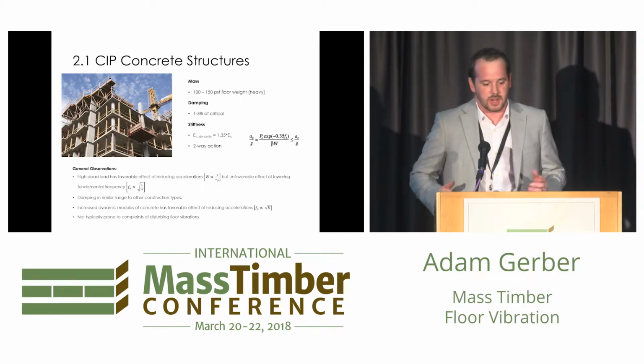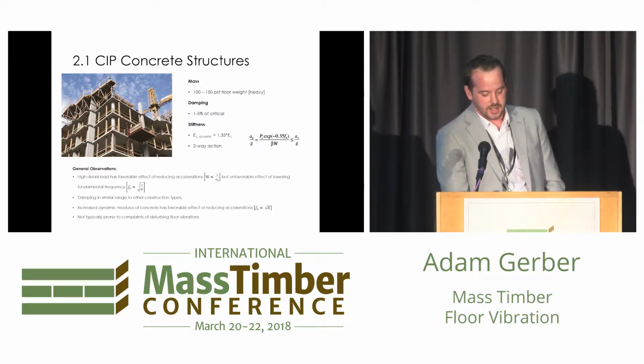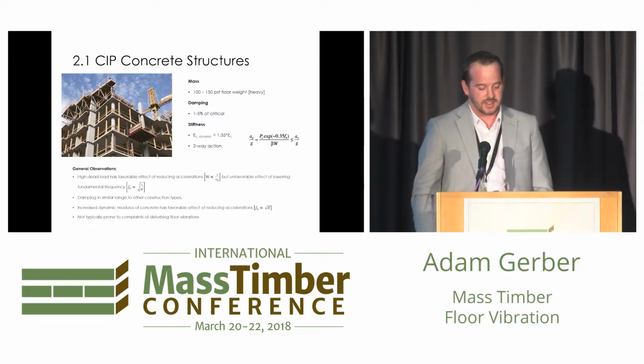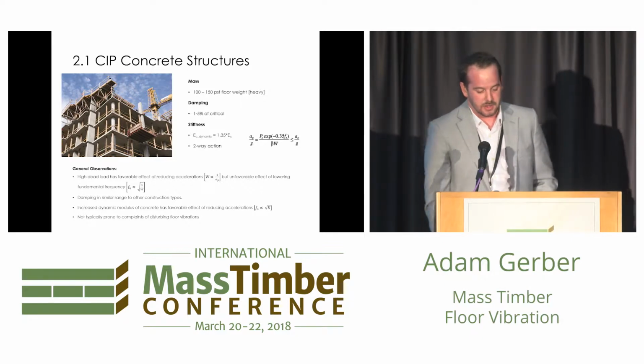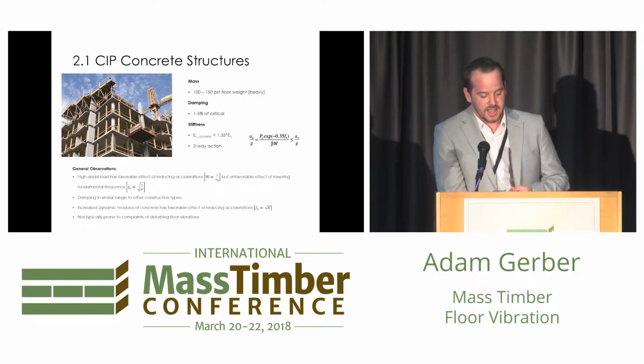So due to the very small amplitude of vibration you experience due to walking, they actually recommend increasing the elastic modulus by about 35%. So you get an increase in stiffness and you have the benefit of two-way action as well. So we don't typically expect vibration problems for cast-in-place concrete.